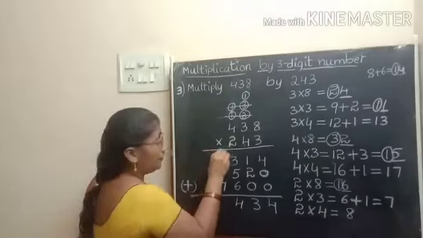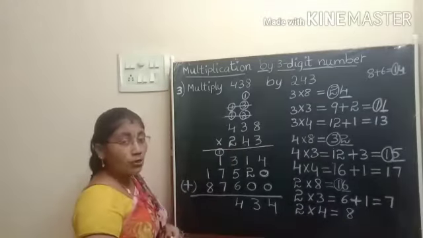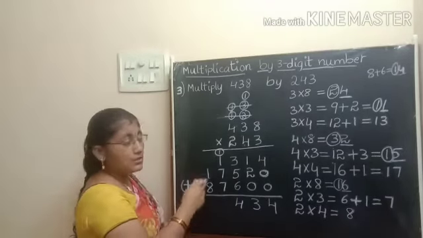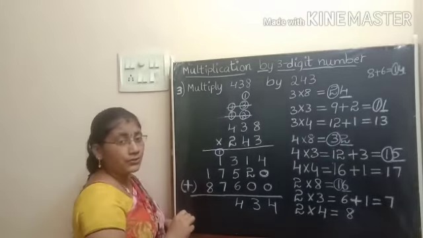Here we have to write carry below the line because this carry belongs to addition. It does not belong to multiplication. So we should write here instead.